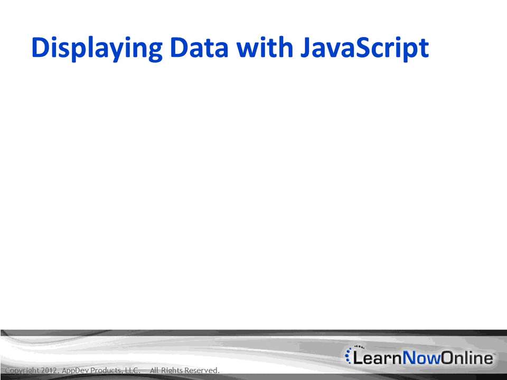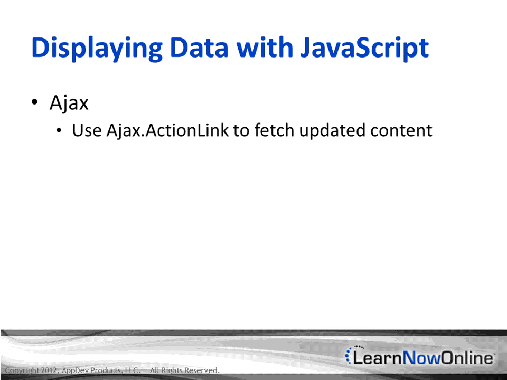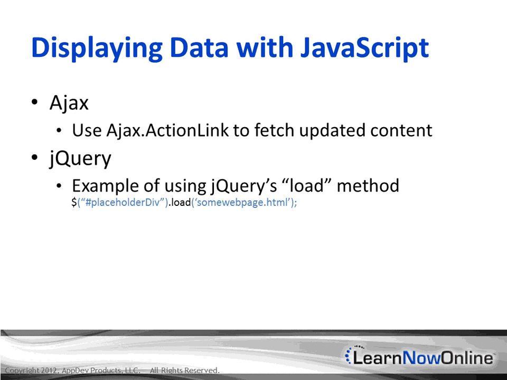Displaying data with JavaScript in MVC4 is actually pretty easy. There's a few options that you have in order to display data just with JavaScript or Ajax. The first of which we'll look at is the Ajax. Here we can use the Ajax.ActionLink to fetch updated content from MVC. The jQuery way is we can use jQuery's load method, which here we have our placeholderDiv.load, and then load an existing HTML page, if you will, somewhere within the current view.